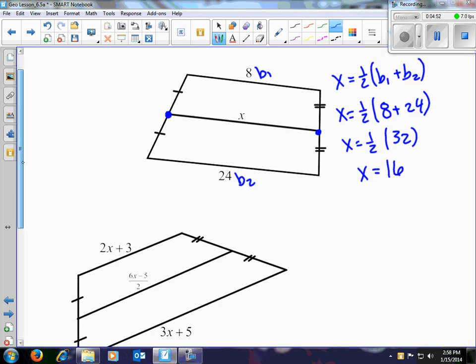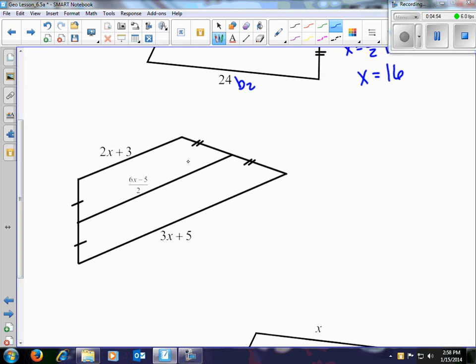Okay, next problem. We are going to do the same thing here to solve for x, it's just going to be a little bit more complicated. So we have x, which is our midline or our mid segment, is equal to 1/2 our base 1 plus base 2. So we're going to label this as our x, this is our base 1, and this is our base 2.